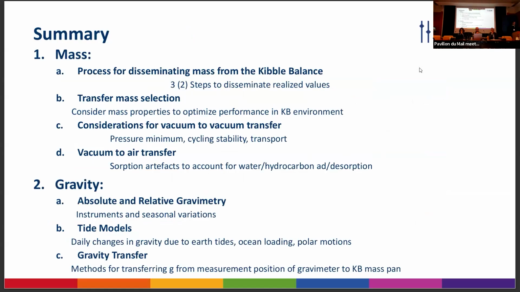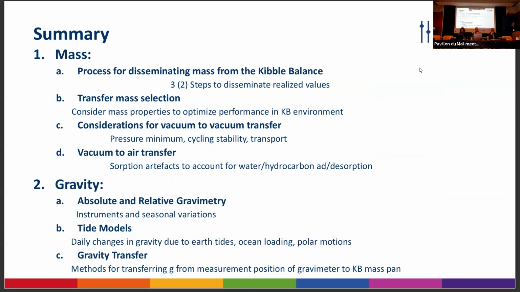Okay, so in summary, I suppose we talked a little bit about the 3 phases or the 3 steps for disseminating the mass from the Kibble balance out to the world and the kind of things that you might need to worry about for your masses. Talked about the pressure minimum that you want to have to operate your balances. And typically that's easy to get anyways.